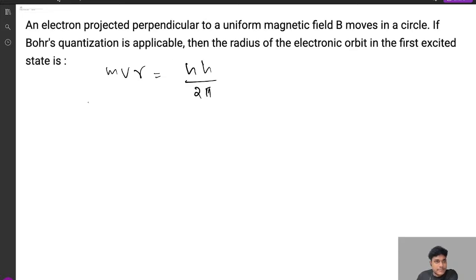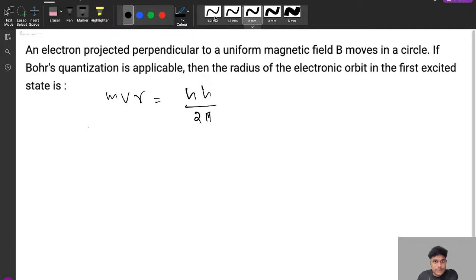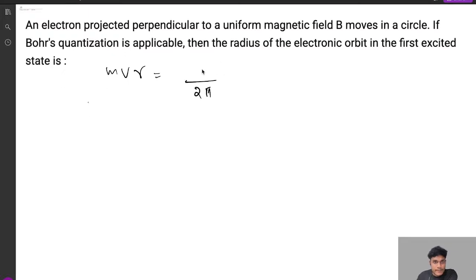Let me increase the size. Okay. From here, R is equal to nh upon mB into 2 pi.